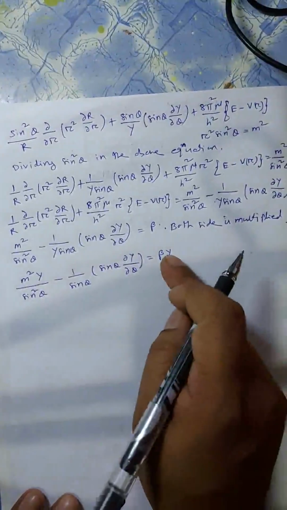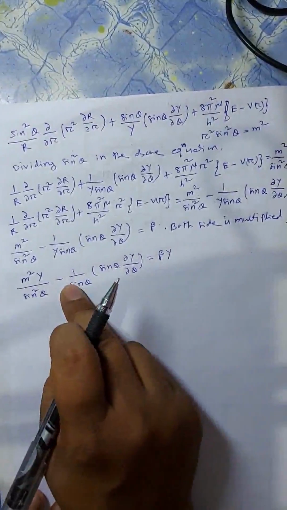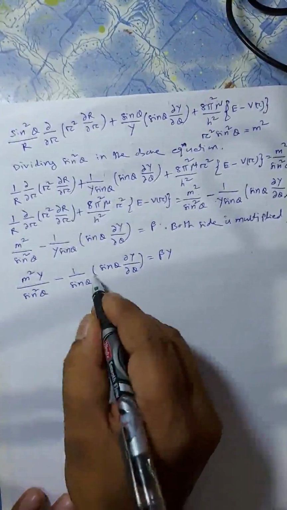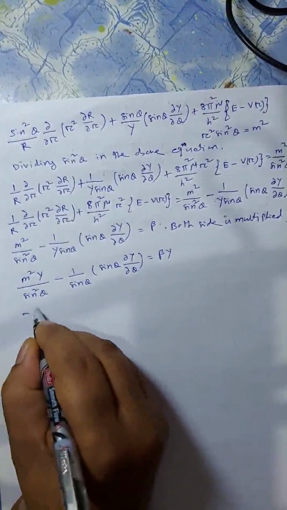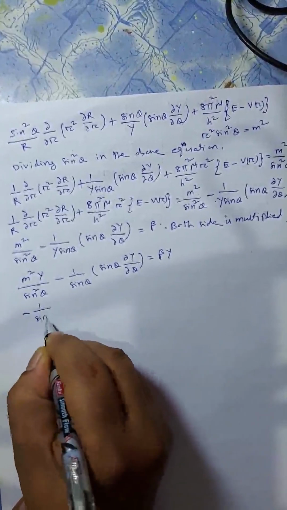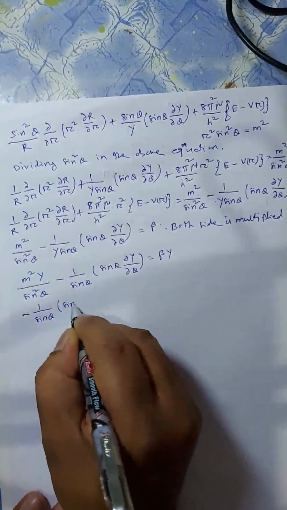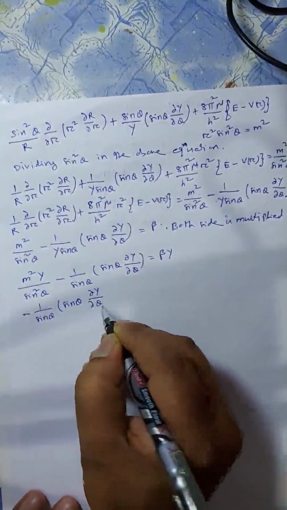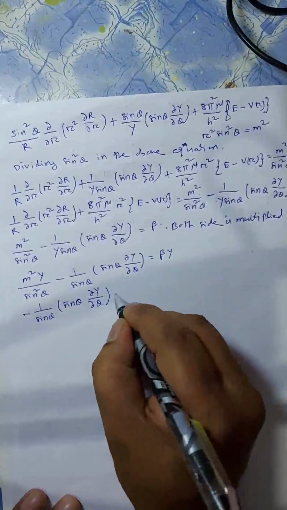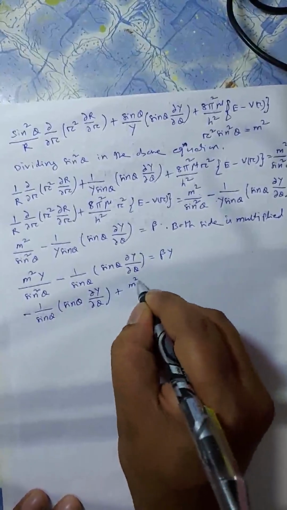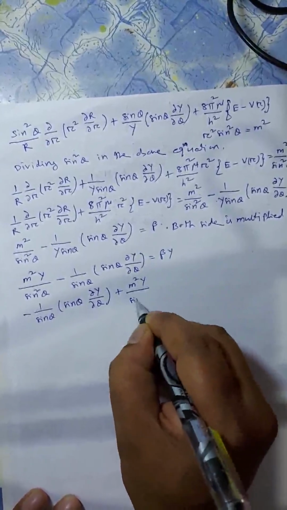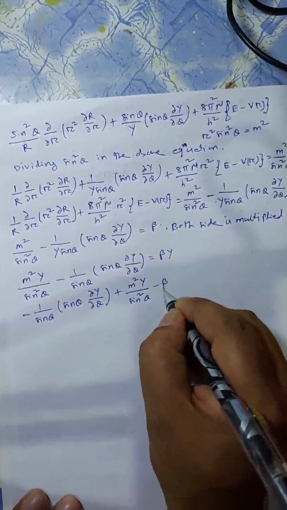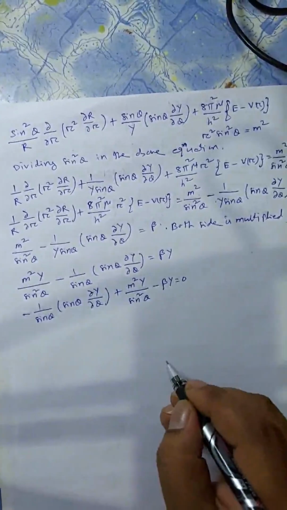We take this beta y to this side with a minus. That means we take this one to the left hand side: minus 1 by sin theta, sin theta dou y by dou theta, bracket, plus m square y by sin square theta, minus beta y is equal to 0.